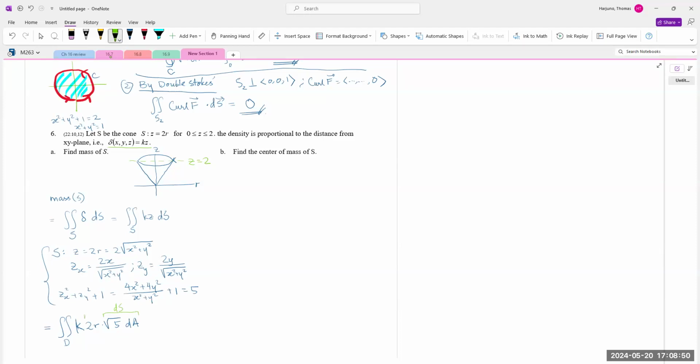This is our z. And I will make it cylindrical integration, where the shadow at the bottom, the radius is 1. How do I know that? Well, because the equation z equals 2r equals 2, so r must be equal to 1. Okay, that's the D.